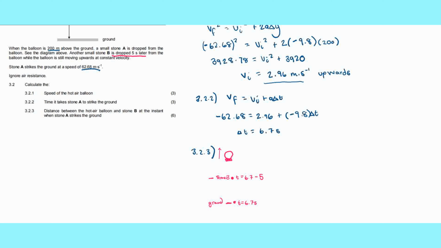It's this displacement above the ground for stone B that we're looking to calculate. This time here is going to be 1.7 seconds, and we're going to use this in our calculation.